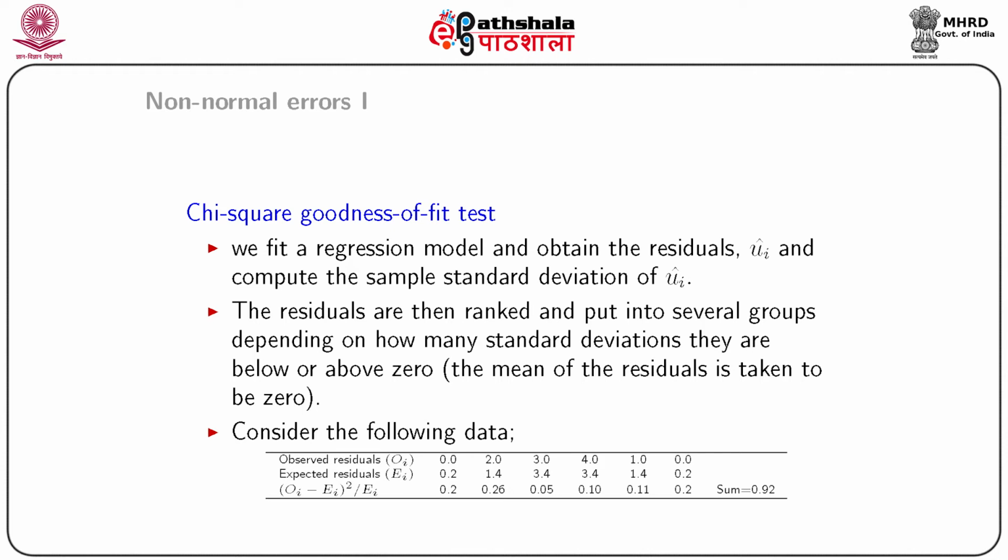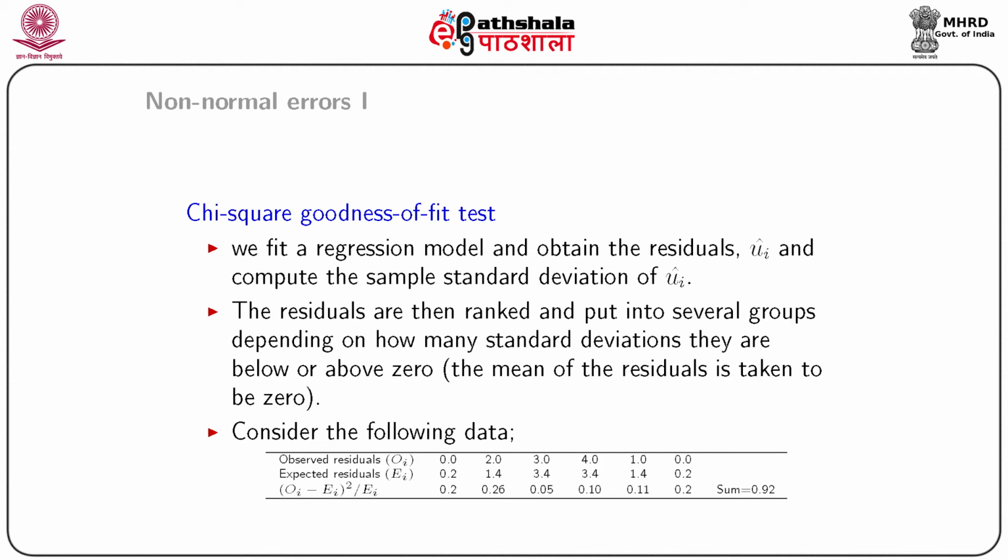In the first step, we fit a regression model to the given data and we obtain the residuals. We simply fit a regression model to the data using the method of least squares, and from the obtained model we get the residuals ui hat, or in other terms, the estimated errors. Once we have the residuals ui hat, we also compute the corresponding sample standard deviation for ui hat.